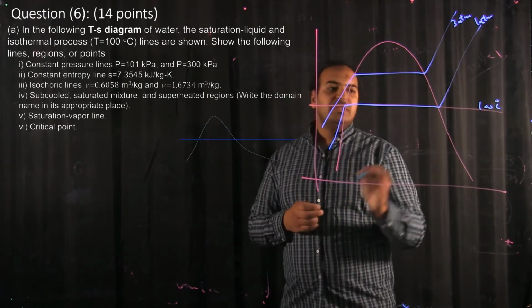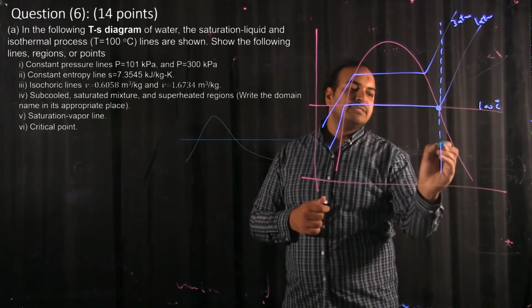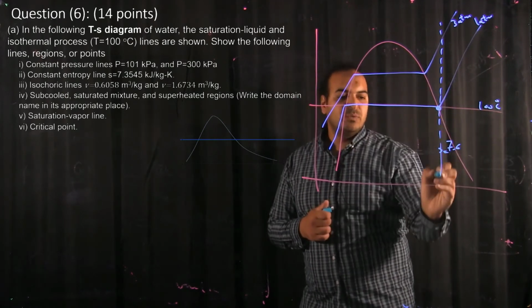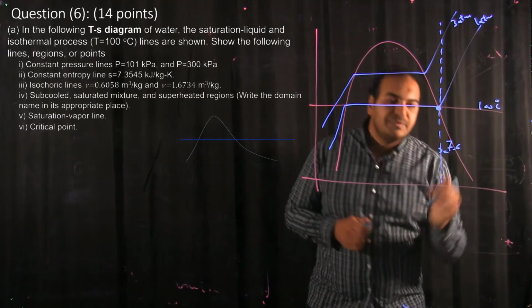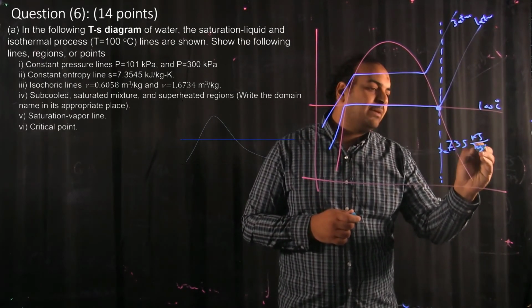The point will be here, exactly at this point. When you check the table, you find S equals 7.35 kilojoule per kilogram Kelvin.